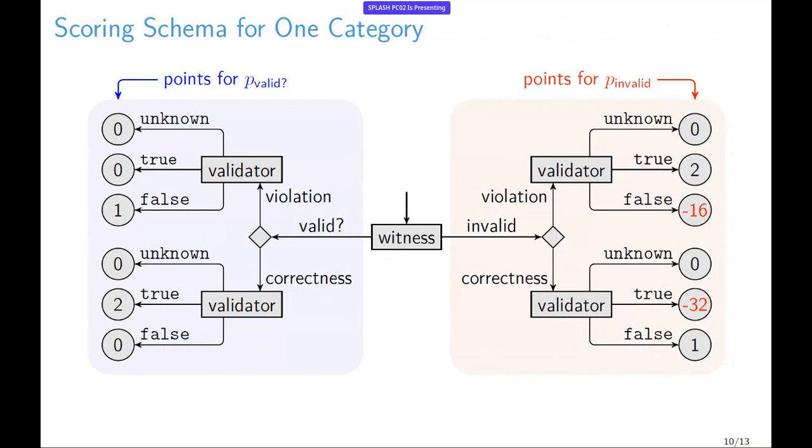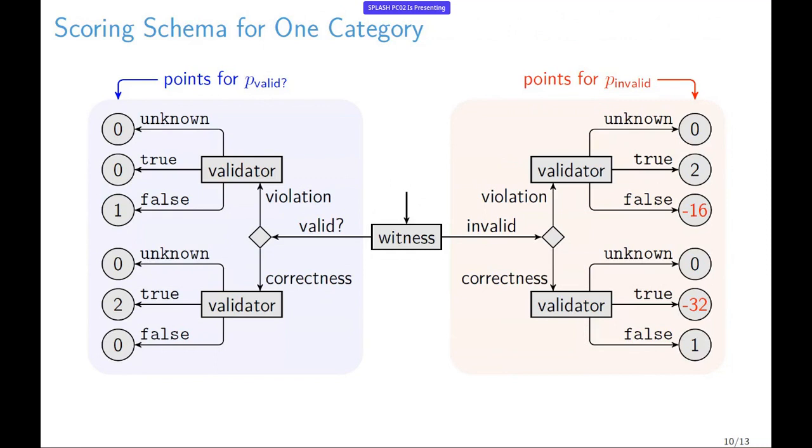Because it has really done some important work. But if the validator confirms that there is a bug, although there is no bug, because we know that this is an invalid witness, then it gets minus 16 points, right?